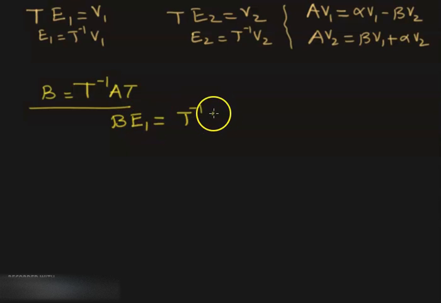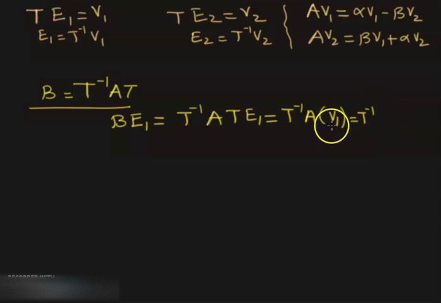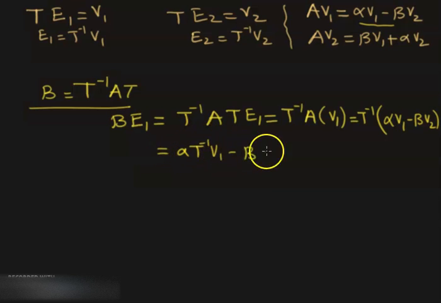This is equal to T inverse A T e1, which is equal to T inverse Av1, which is equal to T inverse times (alpha v1 minus beta v2), which gives me alpha T inverse v1 minus beta T inverse v2, which is alpha times e1 minus beta times e2.